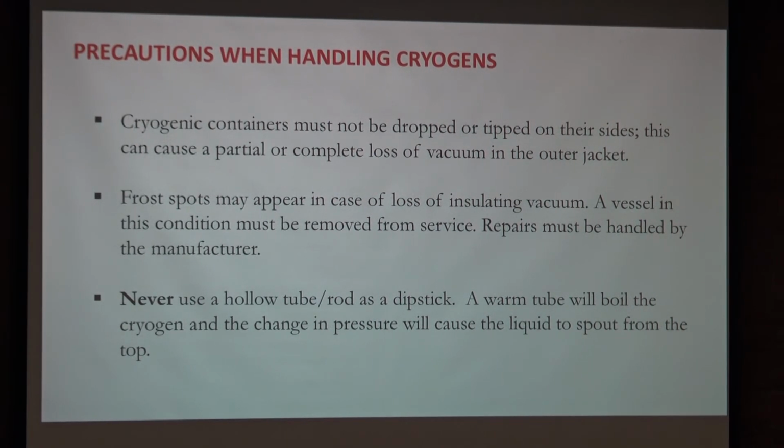That's an indication that the insulation is partially or fully gone bad, and the dewar is dangerous to use and needs some repair. Either you can evacuate your dewar yourself, or in some cases it may be necessary to send it back to the manufacturer and have them fix it. But if you notice that the outside of the dewar starts to frost up in some spots, then the dewar is probably no longer safe to use.